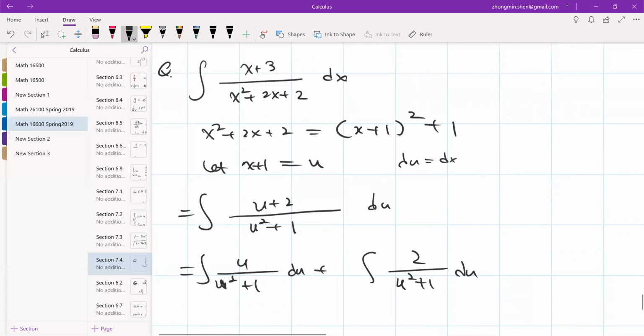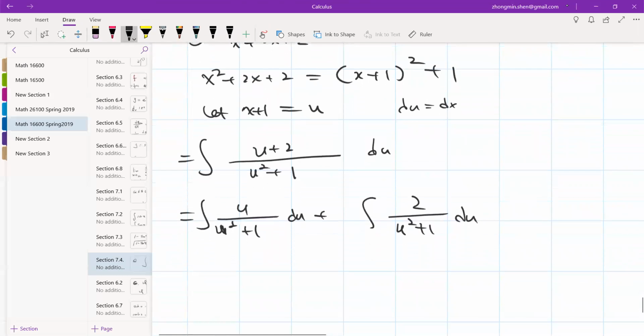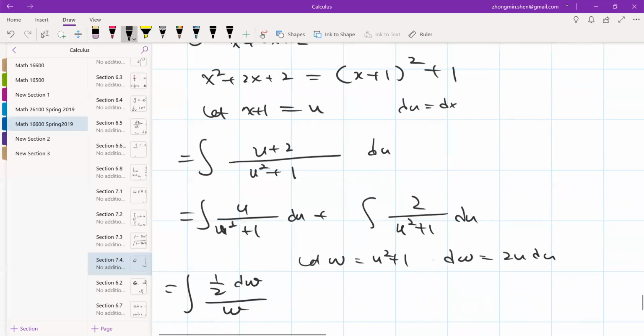The second one, I know it's arctangent of u. The first one, I still use another substitution. I have to use a substitution. Okay, so I let w be u squared plus 1, and dw equals 2u du. And, okay, then you get w. U times du is going to be half of dw, right? And plus twice, and this side is arctangent of u. So I can put a solution there.